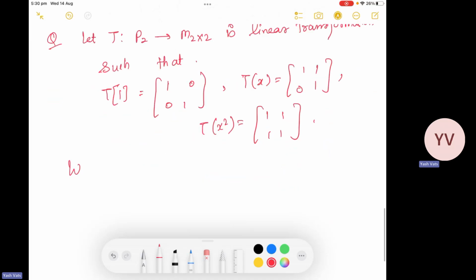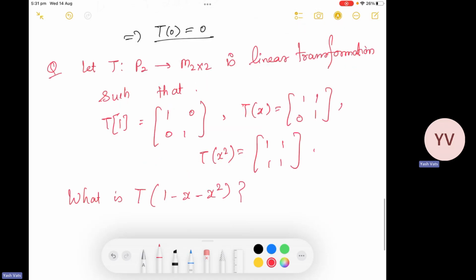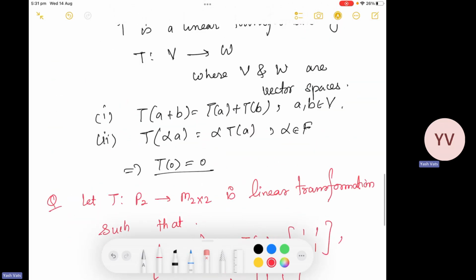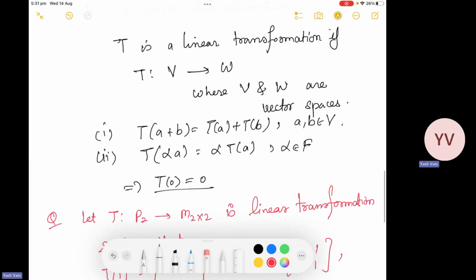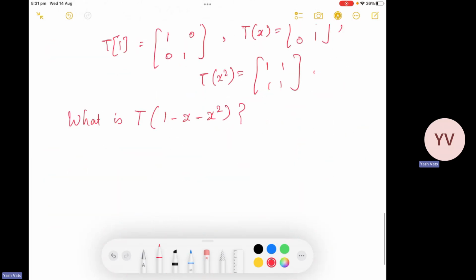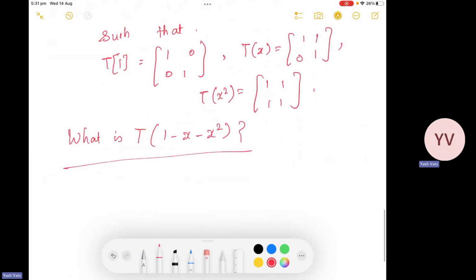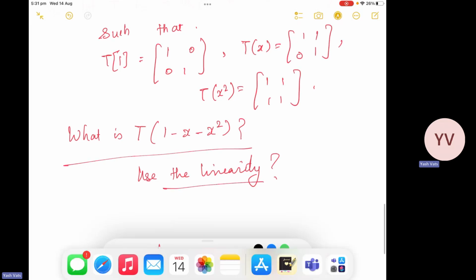Then what is T(1 minus x squared)? So you have to find this value. So try to use this property of the linear transformation over here and try to find the value of T. Okay, using the linearity, just try that.